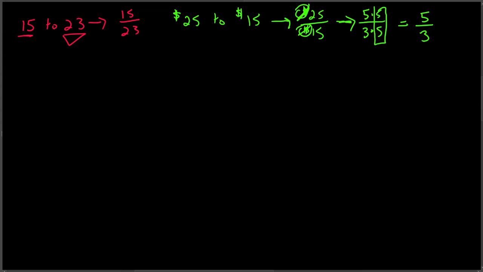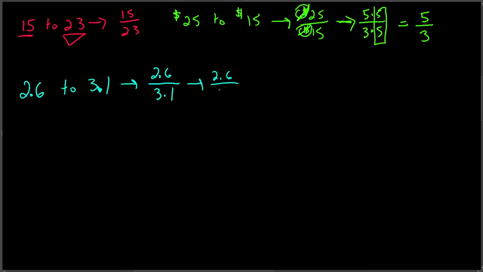Well, ratios can also come with other quantities. I could have some decimal value I measured, 2.6 to 3.1. I still write the first thing as the numerator and the second thing as the denominator. But if we think back to our unit on decimals, I could multiply this until I get rid of the decimals.